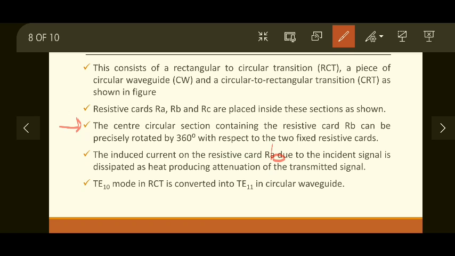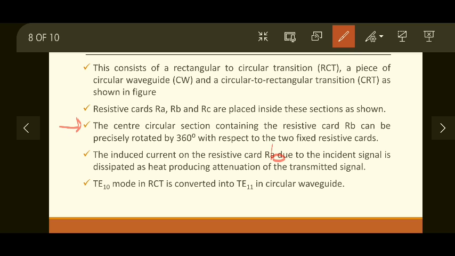The induced current on the resistive card RB due to the incident signal is dissipated as heat, producing attenuation of the transmitted signal. So RA and RC are not producing any attenuation. RB will produce attenuation, and similar to the coaxial line attenuator, it will be dissipated as heat.